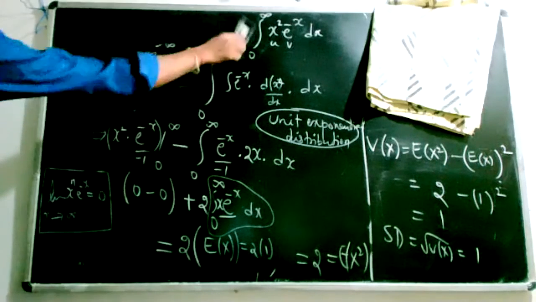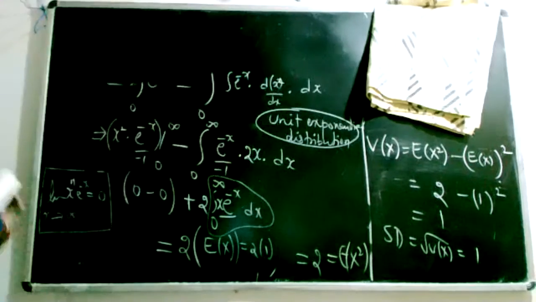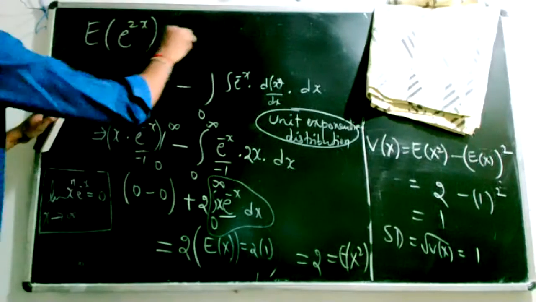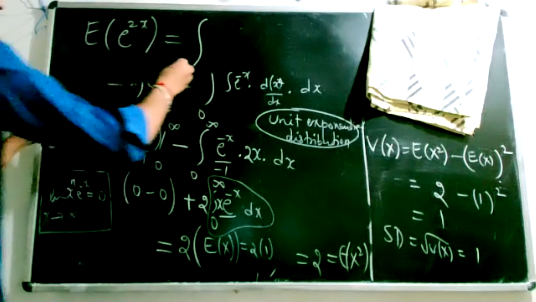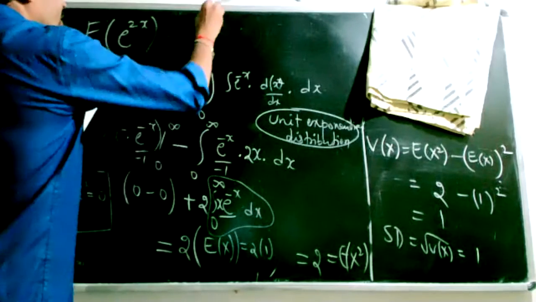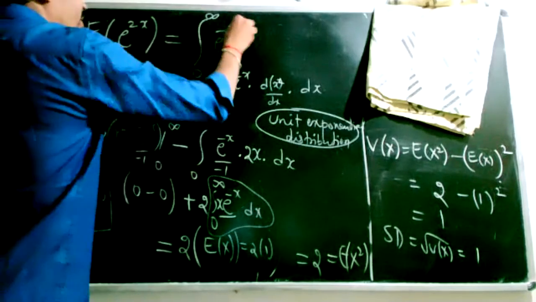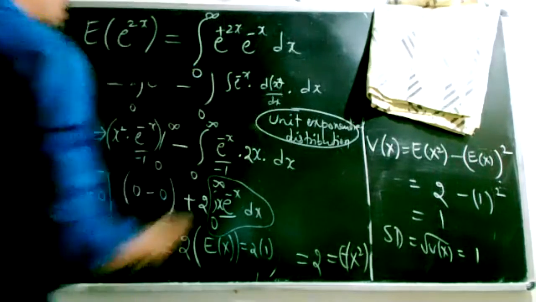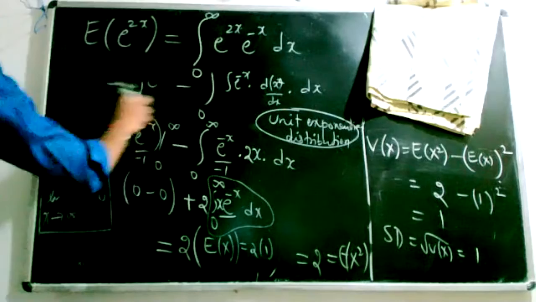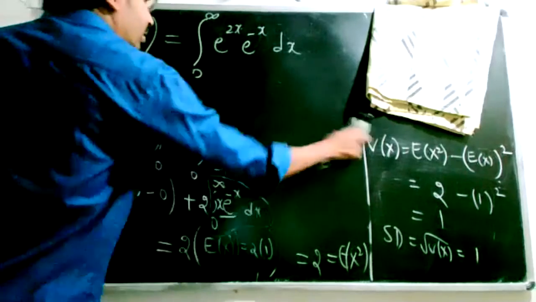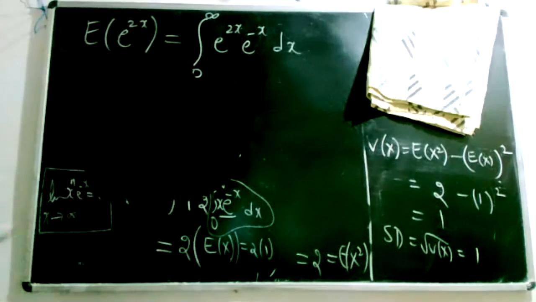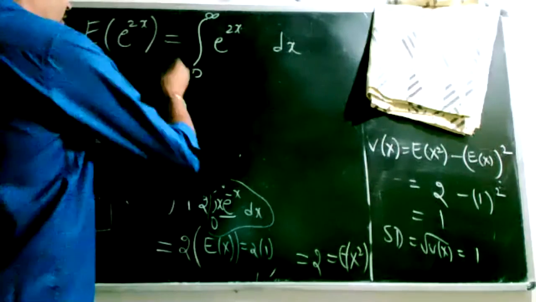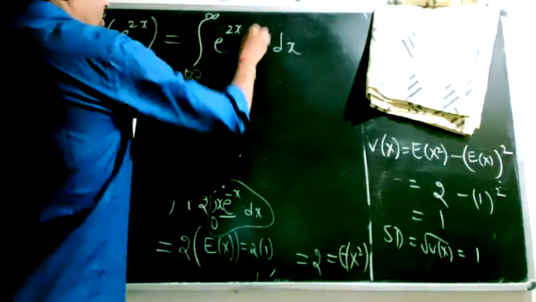Next, obtain the expectation of e power 2x. Now, the expectation of e power 2x. E power 2x is a very large function and my x is taking values up to infinity also, so naturally the result should come to infinity. So we have e power 2x into f of x dx. Let us first write the formula, then we will substitute the form.